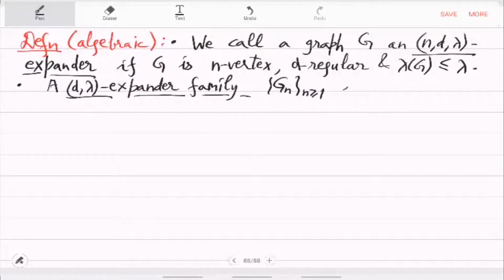This is such that for all n, G_n is n, d, lambda expander.